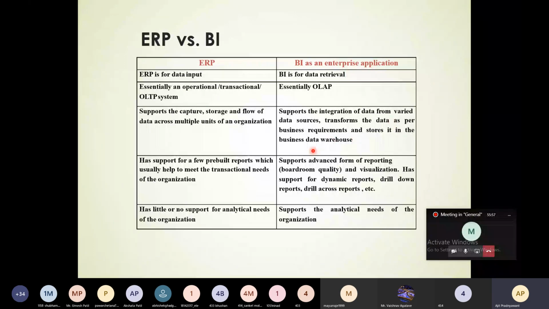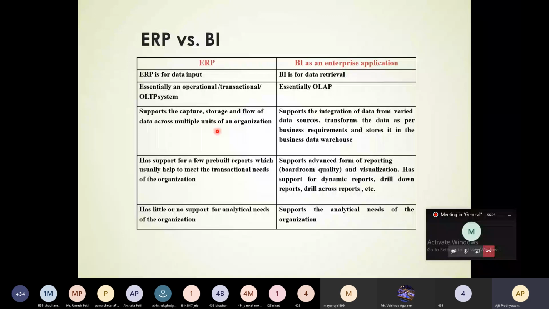ERP has support for pre-built reports, which usually helps to meet the transactional needs of the organization. BI supports advanced forms of reporting and visualization, with support for dynamic reports, drill down reports, drill across reports, etc. ERP has little or no support for the analytical needs of the organization, whereas BI supports the analytical needs of the organization. So this is the difference between ERP and business intelligence.